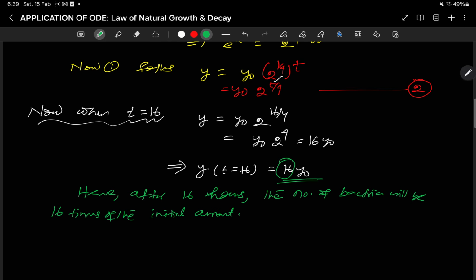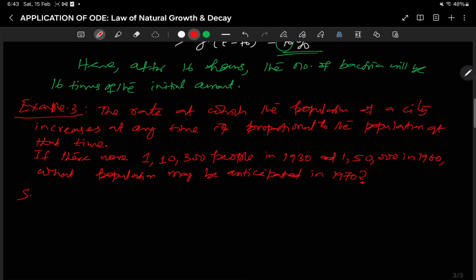Okay. Now coming to one more example. The rate at which the population of a city increases, meaning the rate of growth, is proportional to the population of the city. So it is the law of natural growth. There are 1,10,300 people in 1930.